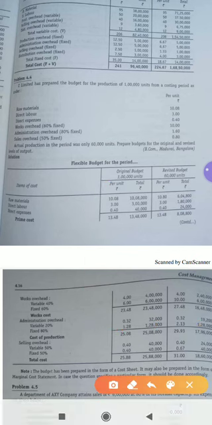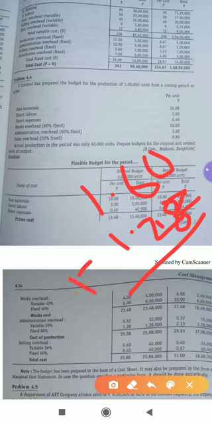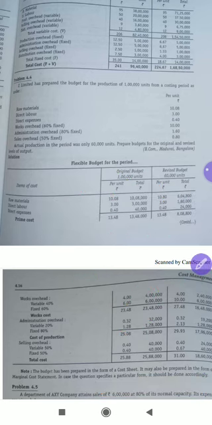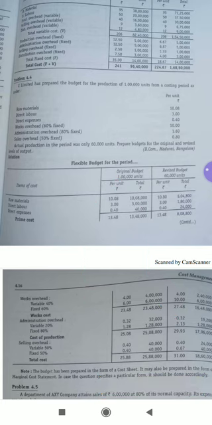Out of 1.60, 1.28 is fixed cost. That means variable cost will be 0.32. So 0.32 will remain the same, multiply with 1 lakh, multiply with 60,000, so we will get 32,000 and 19,200. We are done with 2 items.